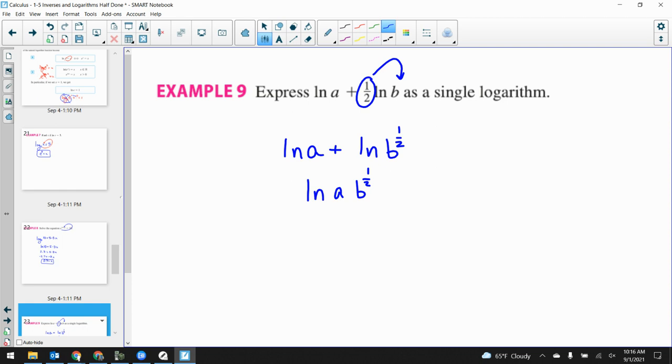And the only other thing that I would do is I don't like to leave fraction powers. I guess this would be okay. But this, to me, is a little bit more simplified. ln of a times square root of b. And I'll put that in parentheses for good measure. Don't really need the parentheses there, but you might be tempted to say it would just be ln of a, dramatic pause, times the square root of b.